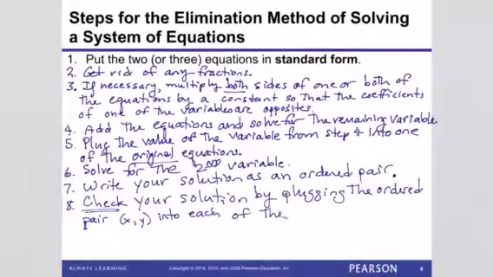And you have to do both equations, because if you don't, you run the risk that your solution could work in one of them but not both of them, in which case it's not a solution. So you check your solution by plugging the ordered pair xy into each of the equations.